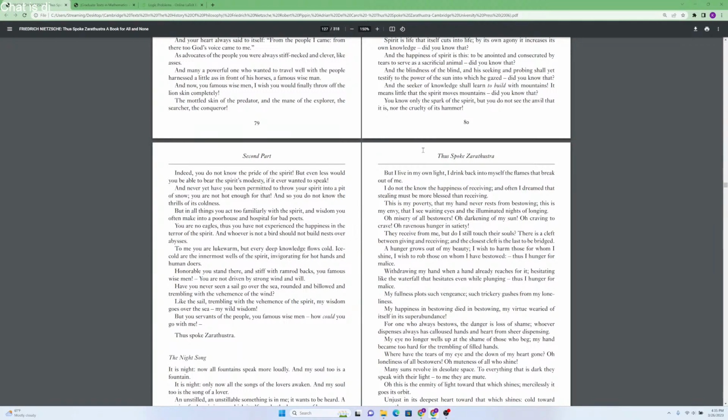You are no eagles, thus you have not experienced the happiness in the terror of the spirit, and whoever is not a bird should not build nests over abysses.